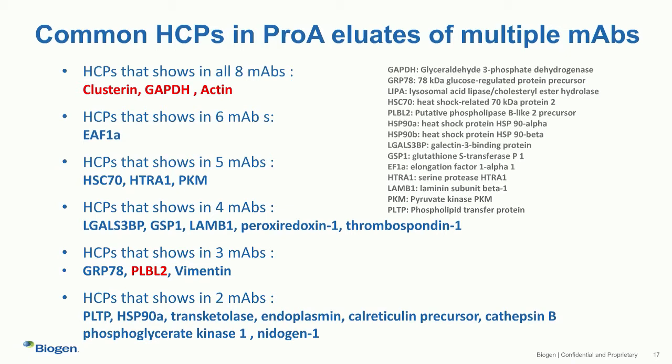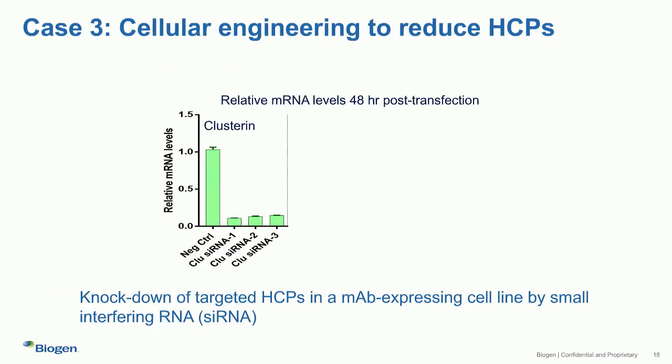So for these hard-to-remove host cell proteins, we thought of using an alternative method to reduce the expression levels with cell line engineering. We decided to knock down instead of knock out these proteins because we think each of them may have distinct biological functions.